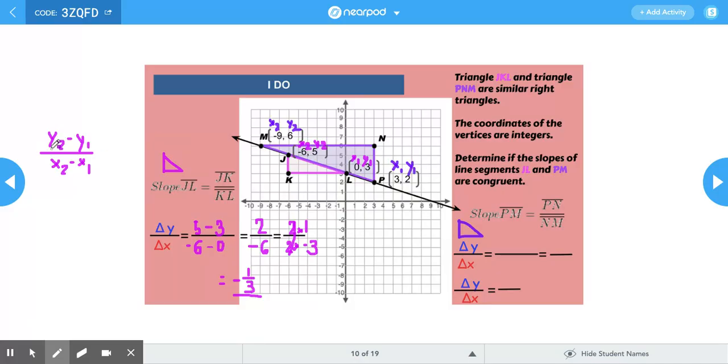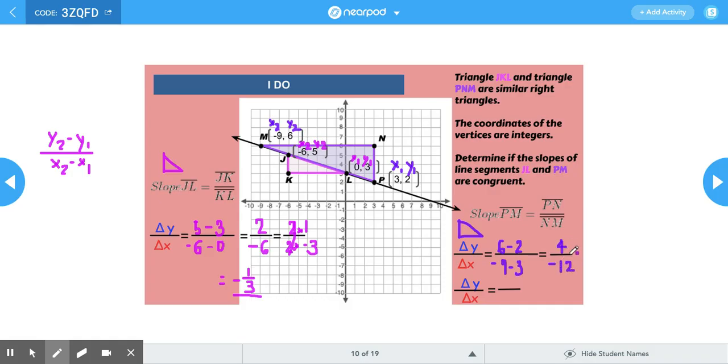We're using the same equation y2 minus y1 over x2 minus x1. Our y2 is 6. Our y1 is 2, so we're doing 6 minus 2. Our x2 is negative 9. Our x1 is positive 3. So we have 6 minus 2, which is 4. And then we have negative 9 minus 3, which is negative 12.